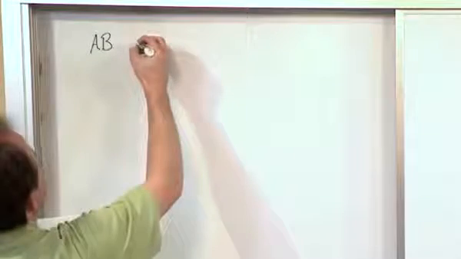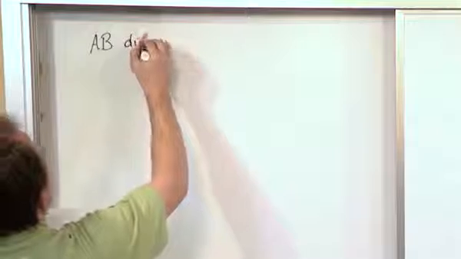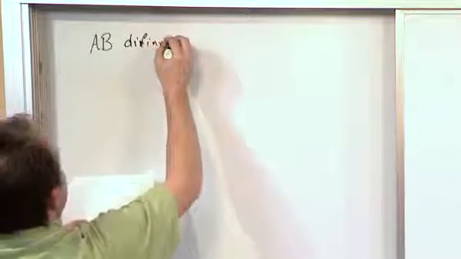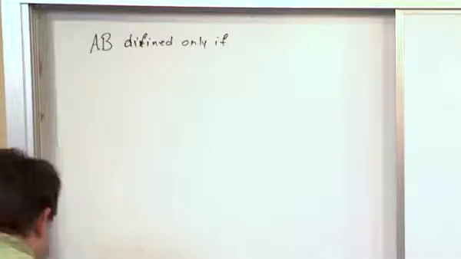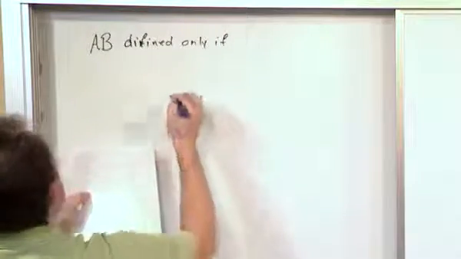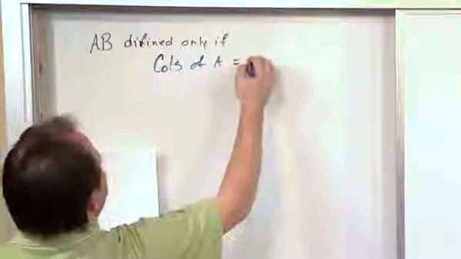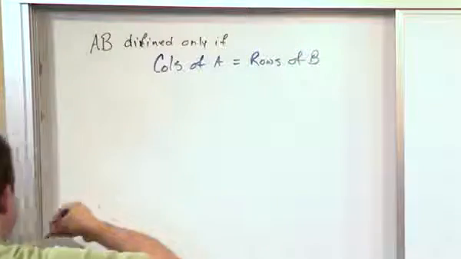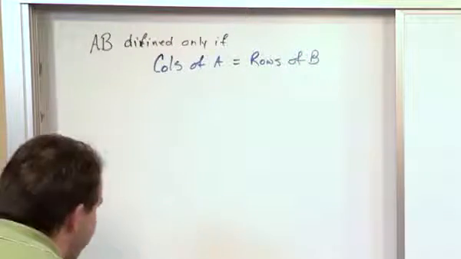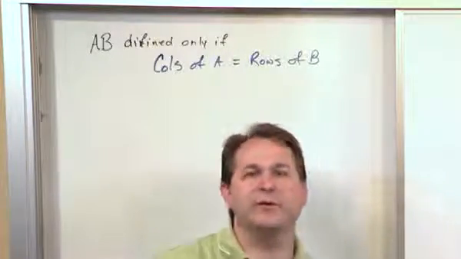We have matrix A times matrix B. But this multiplication in terms of linear algebra, in terms of matrices, is defined only if the following thing is true. The columns of matrix A is equal to the rows of matrix B. And that becomes obvious when you learn how to multiply these things together, but I'm writing it out in words so that you have something to anchor yourself to in the beginning.